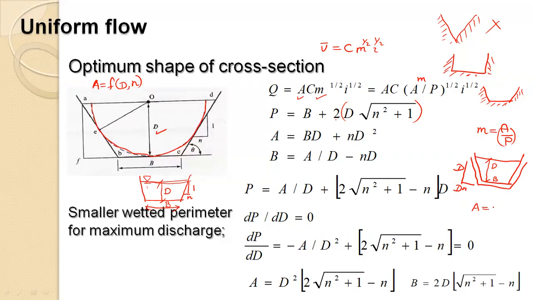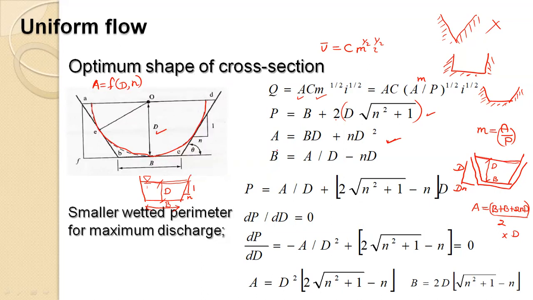So it would be B plus the free surface length, which would be B plus 2nd, divided by 2 and multiplied by the height d. So here you have 2b plus 2nd, and when you divide it by 2, you get b plus nd. B plus nd multiplied by d would be bd plus nd squared. So this is the wetted perimeter, and A will give you the flow area.